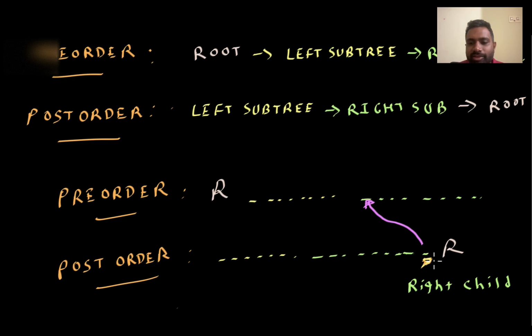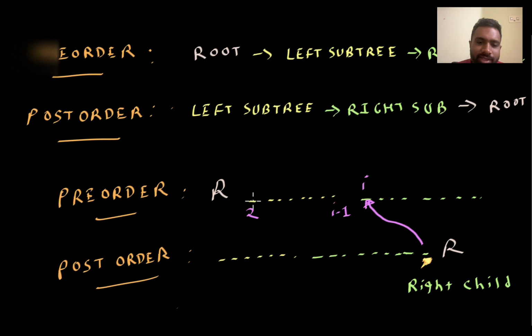So once you identify the right child, search for it in the pre-order sequence. Up to it, after the root, from the second to I minus 1, where this index is I, that is the pre-order traversal of the left subtree, and I to the end is the pre-order traversal of the right subtree. So that's the same thing.